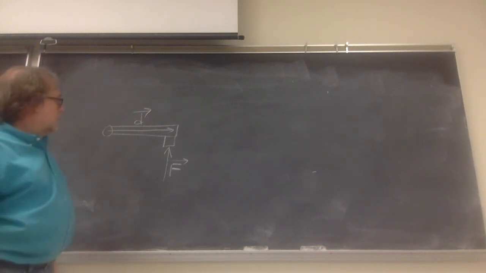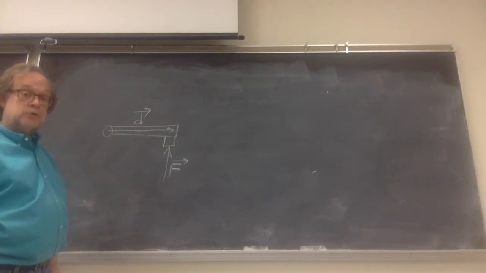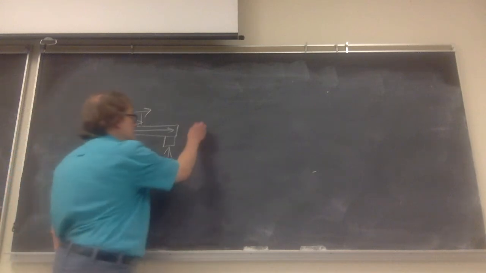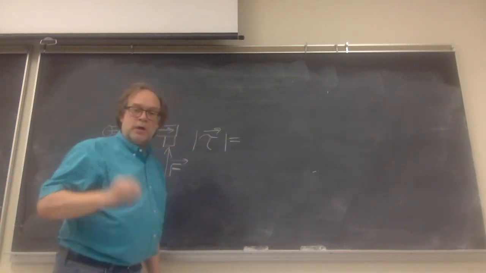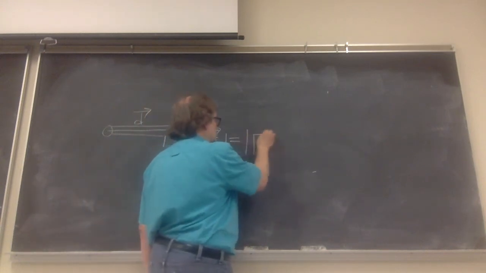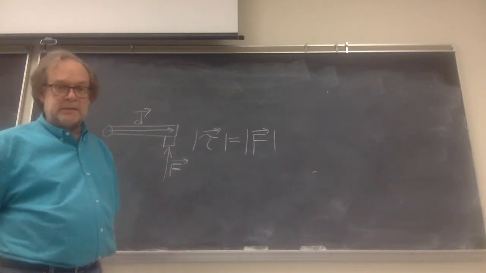Now, that's a situation where you get a torque, and you can always calculate the strength of the torque, the magnitude of torque, with this equation. One factor is the strength or the magnitude of the force. Kind of makes sense.